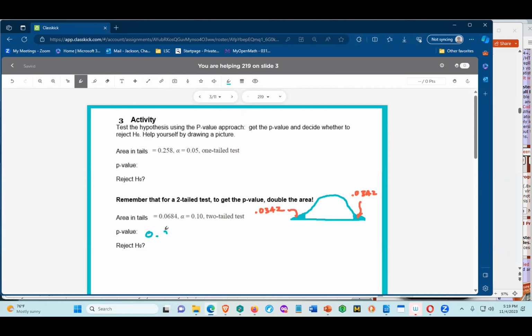0.0684, and reject H null? It depends on the level of significance.